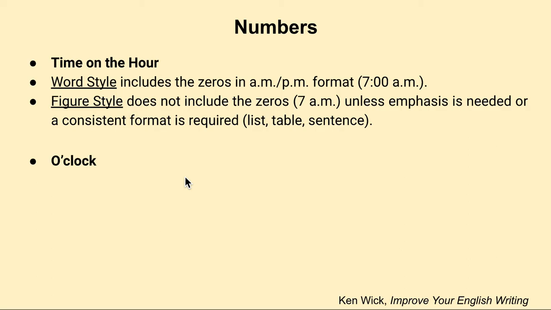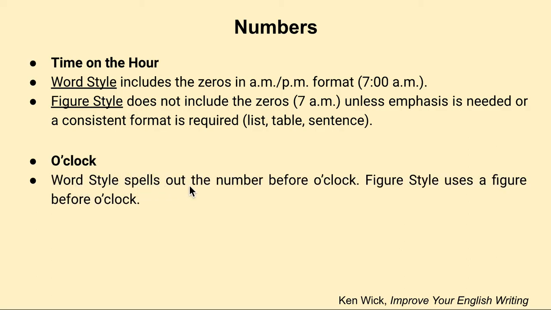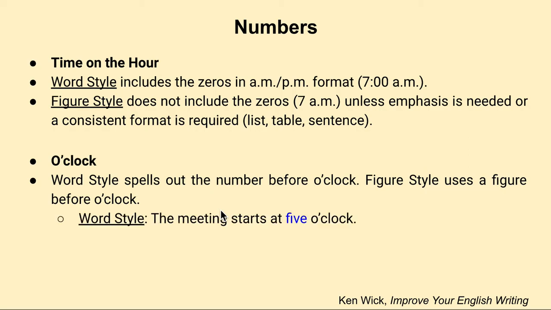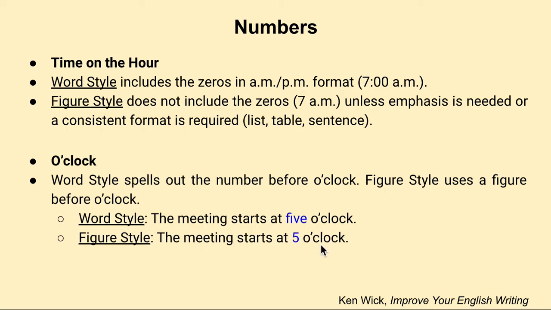What about o'clock? Well, word style spells out the number before o'clock, and figure style uses a figure before o'clock. So it's the complete opposite. So word style would write the meeting starts at five o'clock, but figure style would write the meeting starts at 5 o'clock. So they have a difference of opinion here, and they're slightly different for times on the hour. So take note of that.